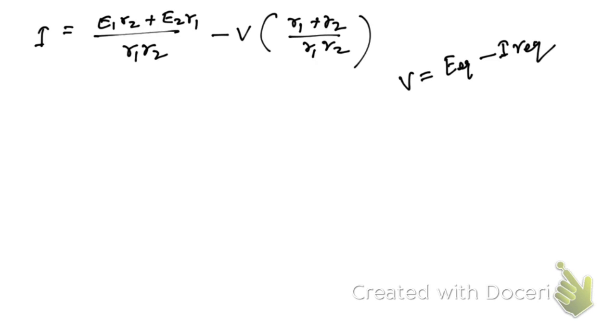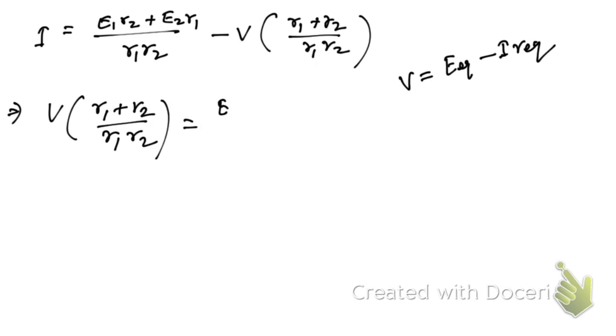Now you see, if you simplify this, then what are you going to get from this equation? Let's obtain V. So V times (R1 plus R2) by R1 into R2 is equal to E1 R2 plus E2 R1 by R1 into R2 minus I. That's what we're going to get.